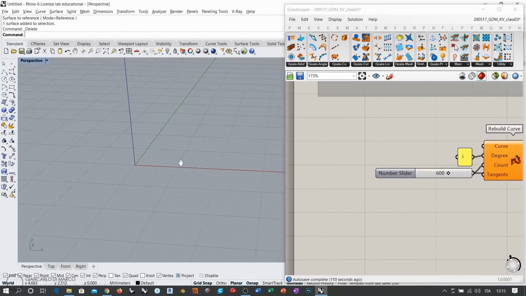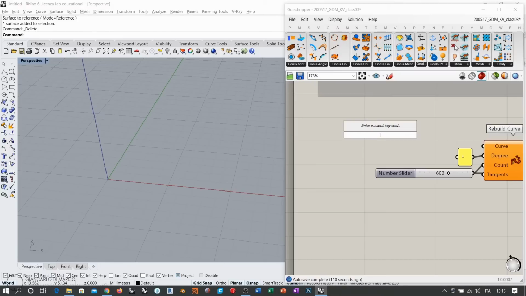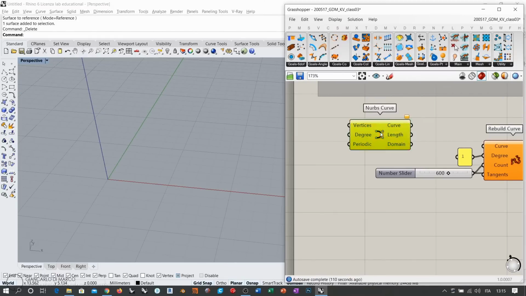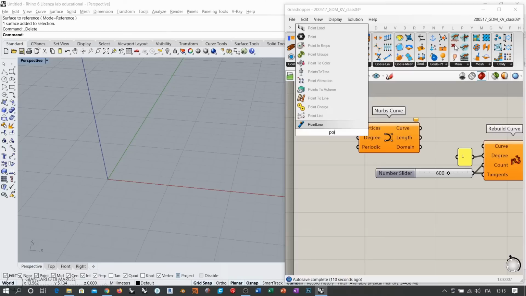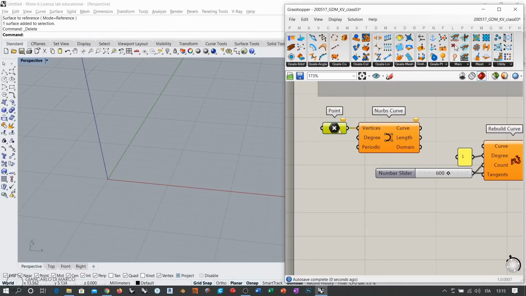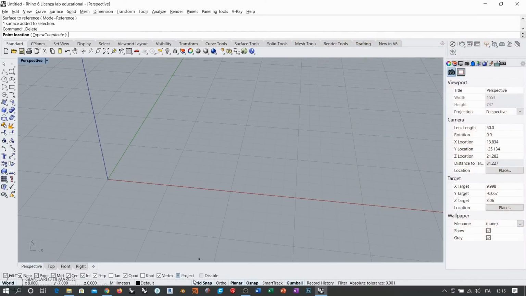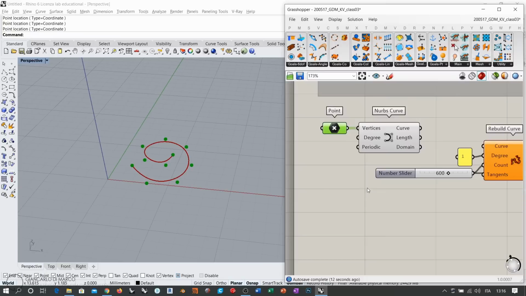What I want is to work with some NURBS curve and with some points that I can place like this, for example, like 3, 4, 5, 6, 7, 8, 9, and 10. Why not?